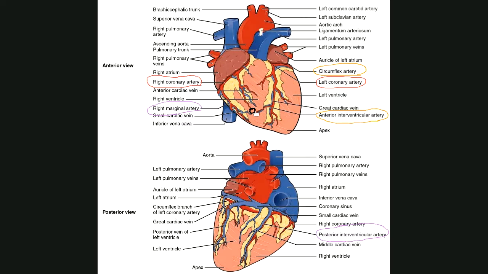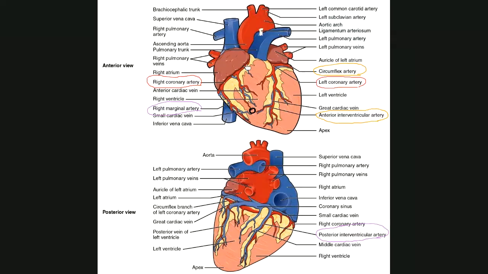Thank you. Okay, Regina, what is your question? In which groove is the circumflex artery? Which groove or sulcus? The circumflex artery is located in the coronary sulcus. The coronary sulcus is the sulcus which turns around our heart.